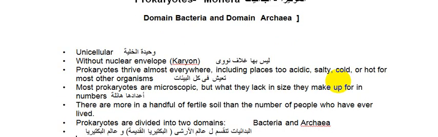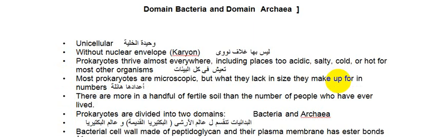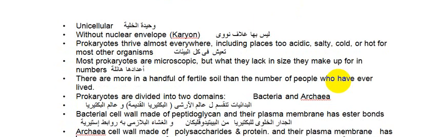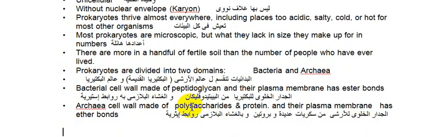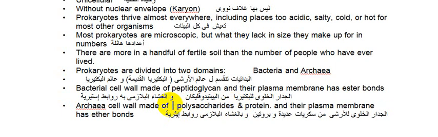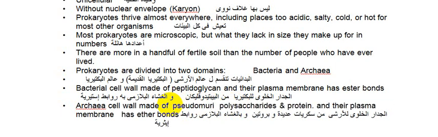They are very fertile, and prokaryotes are divided into two domains, Bacteria and Archaea. In bacteria, the cell wall is made of peptidoglycan and the plasma membrane has ester bonds. In Archaea, the cell wall is made of pseudomurein, a polysaccharide and protein, and their plasma membrane has ether bonds.